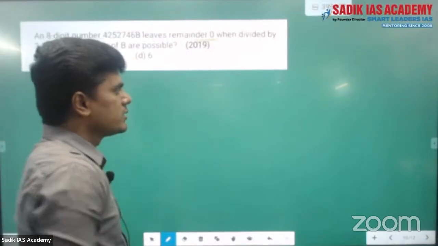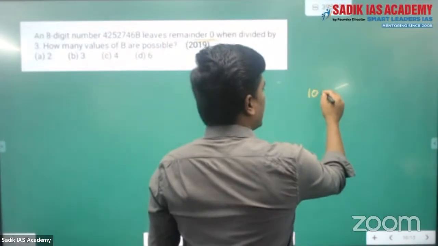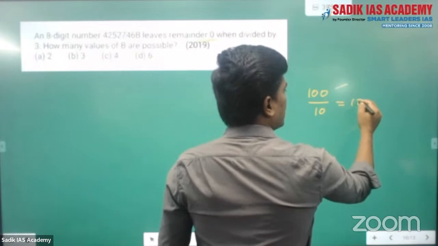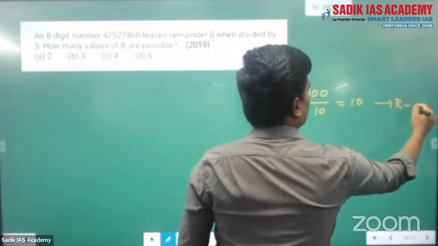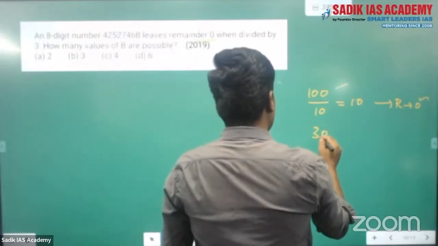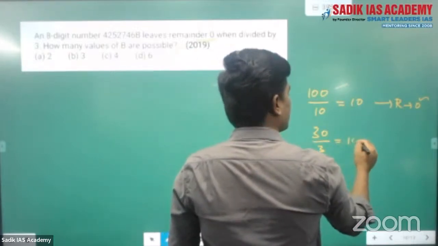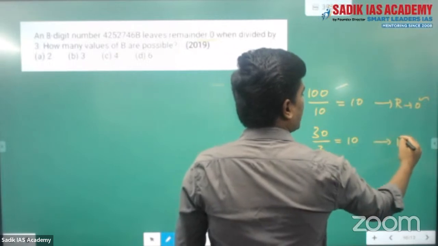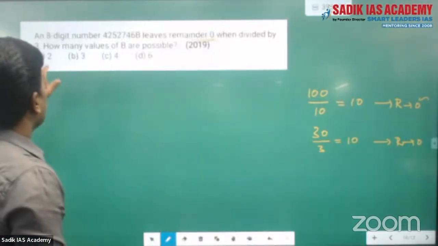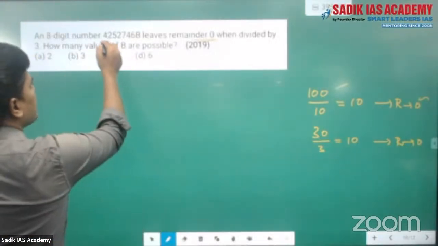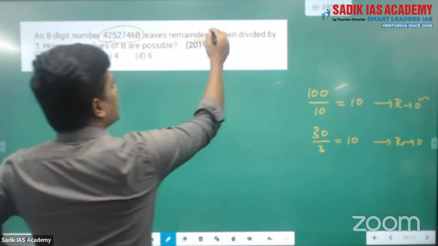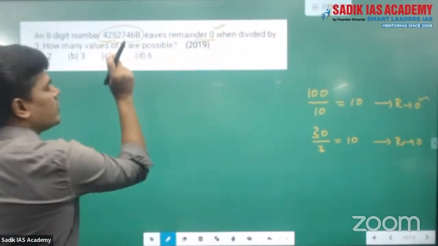If I divide 100 by 10, the quotient is 10 and the remainder is 0. Similarly, if I divide 30 by 3, the quotient is 10 and the remainder is 0. The same way, when you divide this 8-digit number by 3, the remainder needs to be 0.